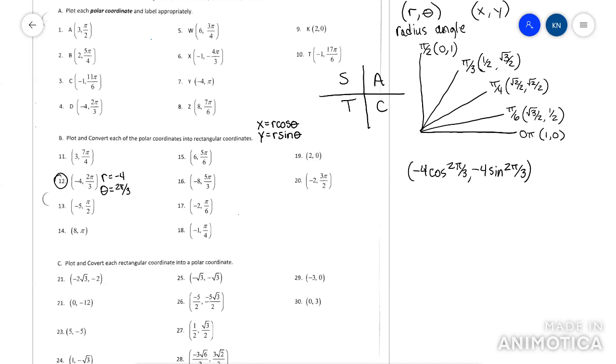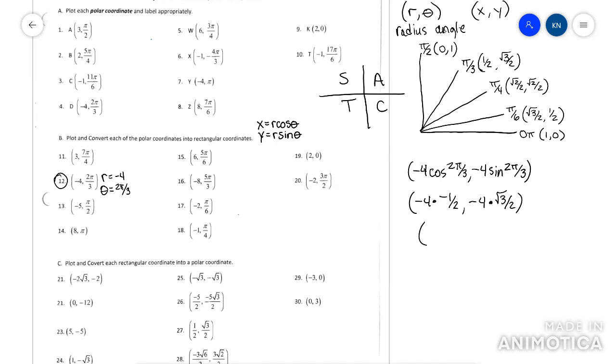All right, 2 pi over 3 is in quadrant 2, so sine's positive, but cosine is negative. So this one would be like negative 4 times cosine 2 pi over 3 is going to be negative 1/2. Then this other one, negative 4 times sine 2 pi over 3 is root 3 over 2.